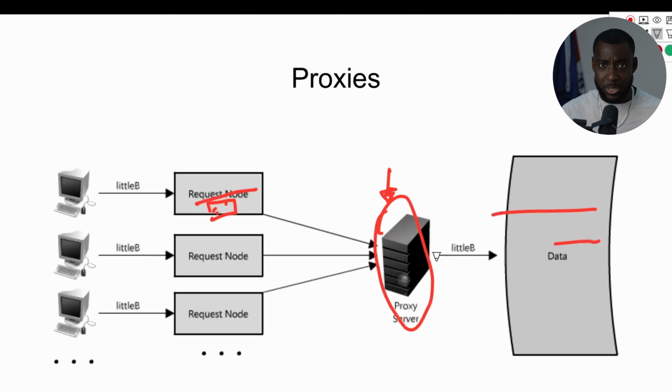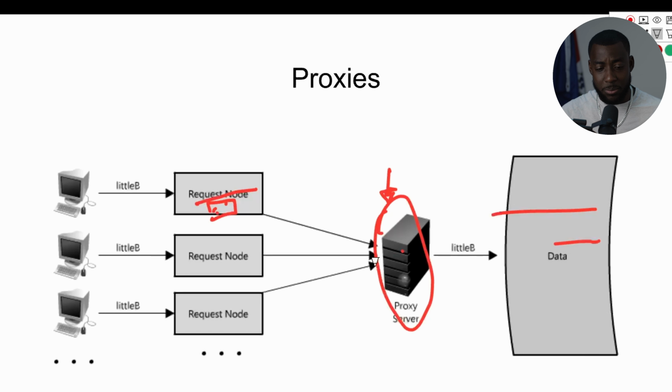A proxy can do things such as, if all of those clients are requesting the same data, instead of each one of them being served by the database, the proxy can take all of their requests, read them, and realize, oh, these are all requesting the same thing.